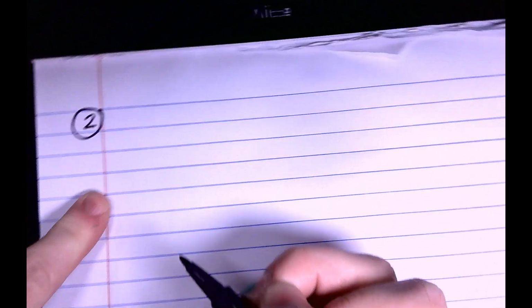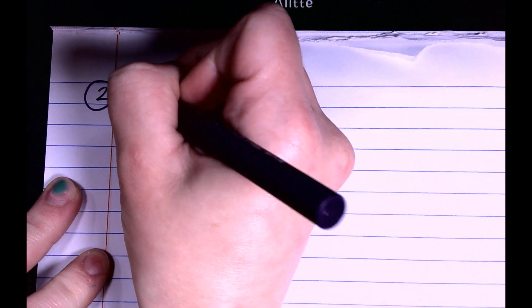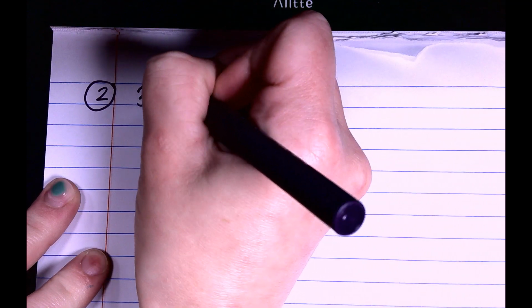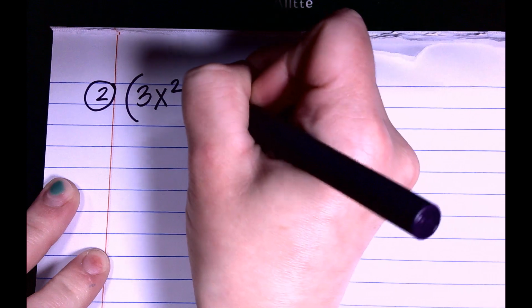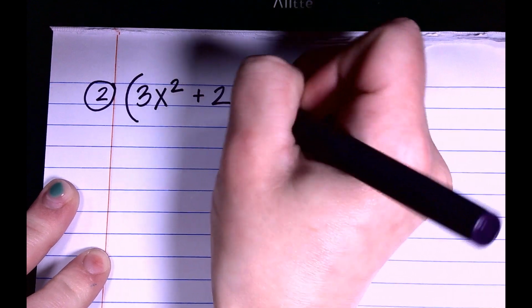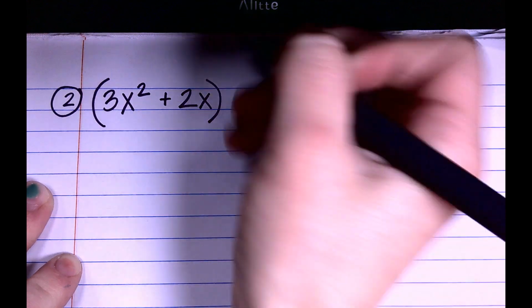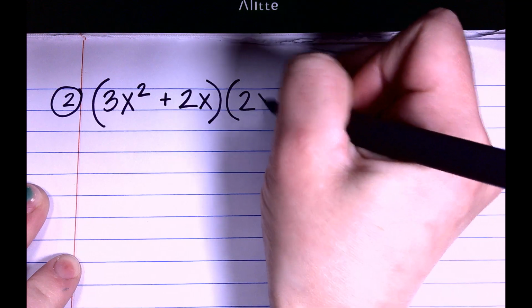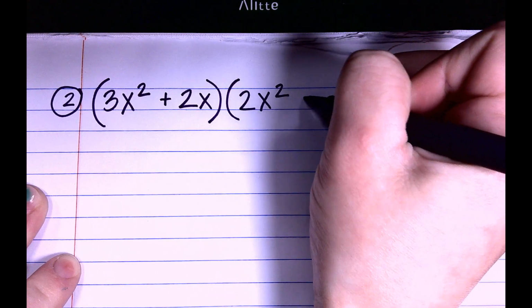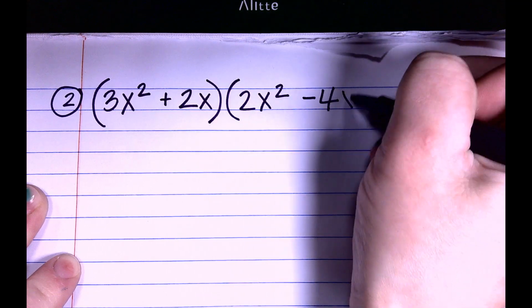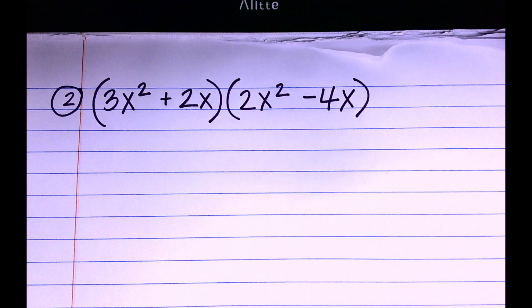So for number 2, we had 3x squared plus 2x times 2x squared minus 4x. Okay. And do you use the FOIL method or the box method? The FOIL method? Okay, perfect.